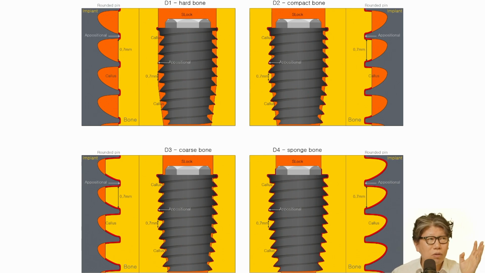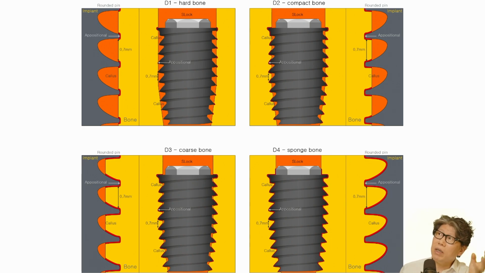Ultimately, what fills the gap between these threads? The blood is circulating. When it hardens, they call it callus. I don't know if it's because some bone particles, the shaved particles or bone powder, are left inside. They call it callus. In the end, this is what becomes bone.